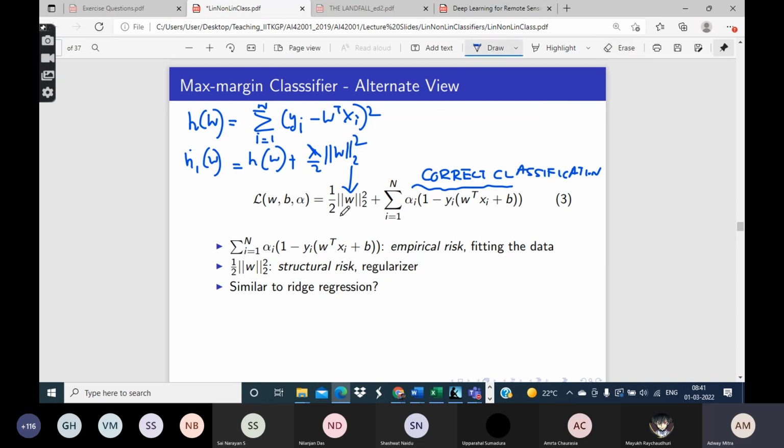In this case also we can say that we are doing the same with this loss function. Although we reached this loss function in a different way, looking at it from the perspective of margin maximization along with certain constraints, it can be seen in a different way also.